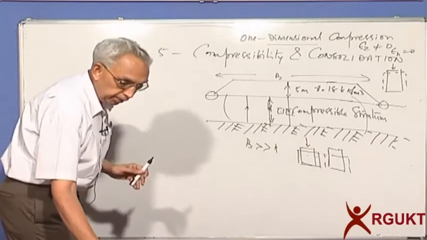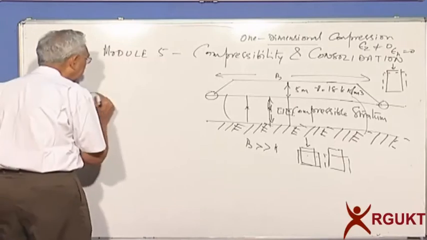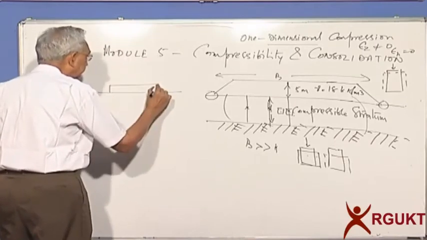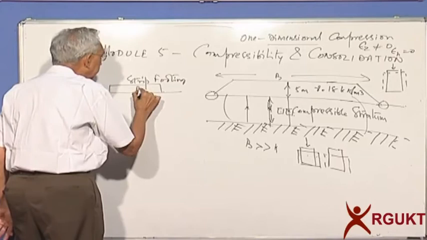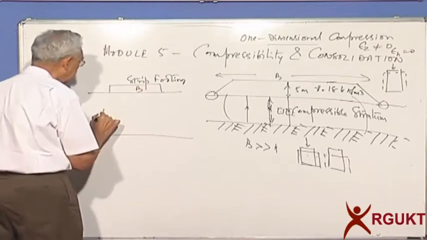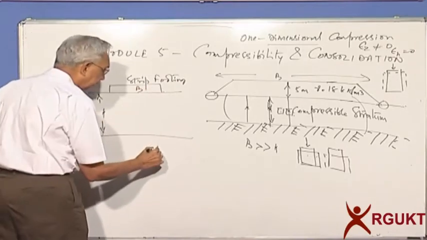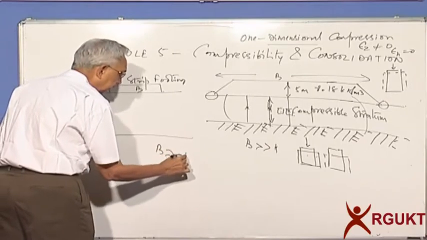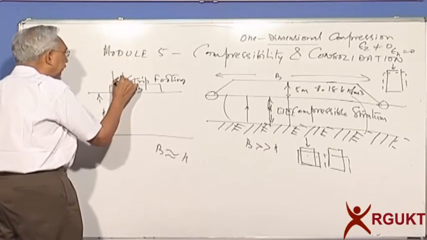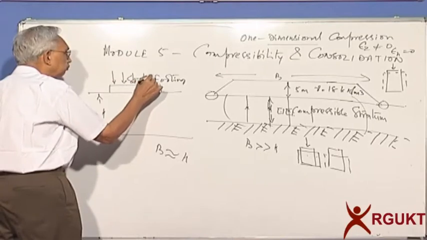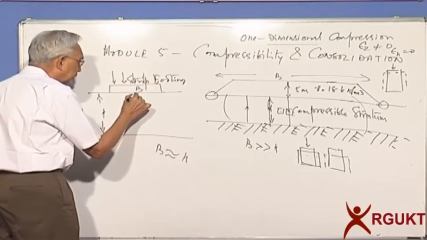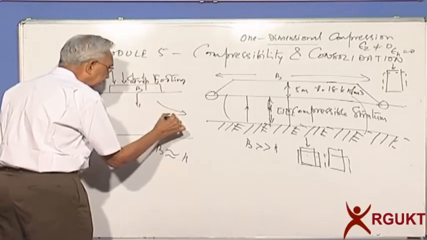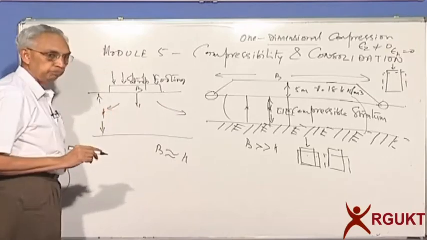I have a two-dimensional deformation. I have here a strip footing B, and the deposit H are of the same order. B is approximately H. When you apply the load here, you will find that compression is possible, also lateral deformation.